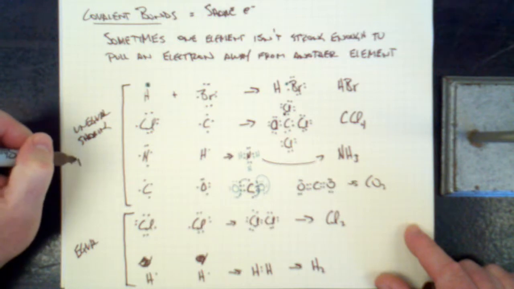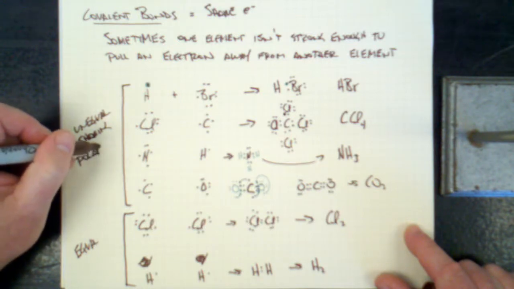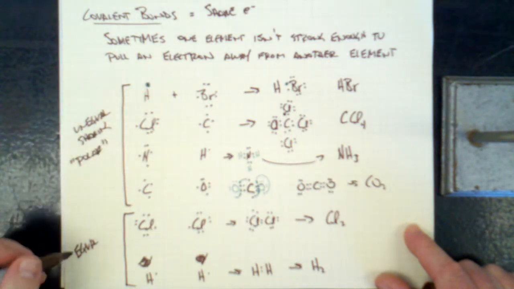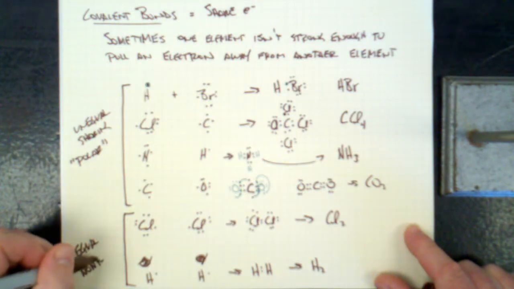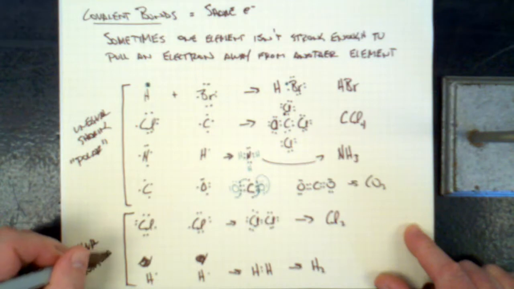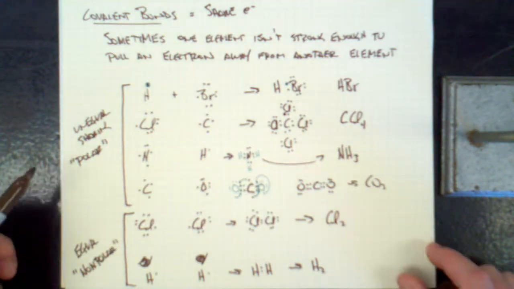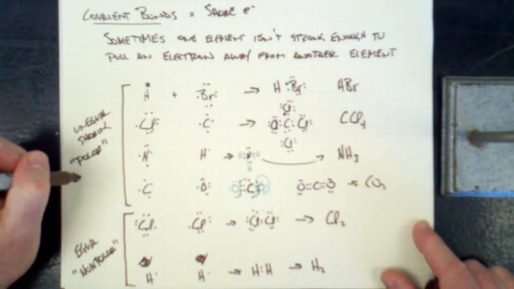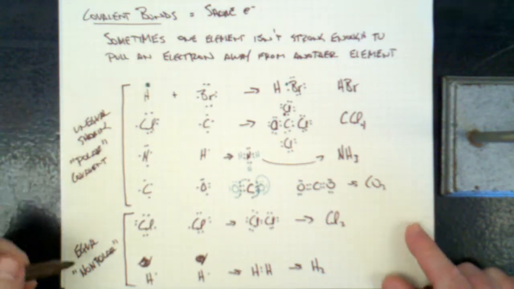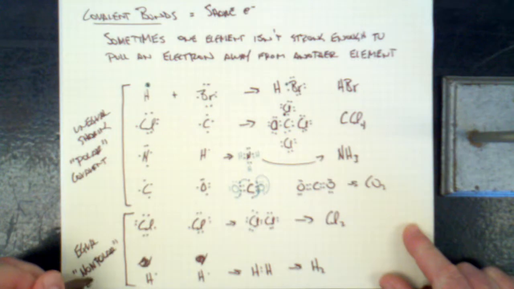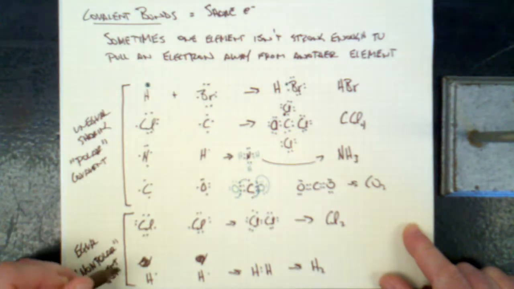Unequal sharing means that we have a pole. So we call them polar. If we have equal sharing, we call them non-polar. So here we have a polar covalent bond. Means we're sharing, just not equally. And here we have a non-polar covalent bond.